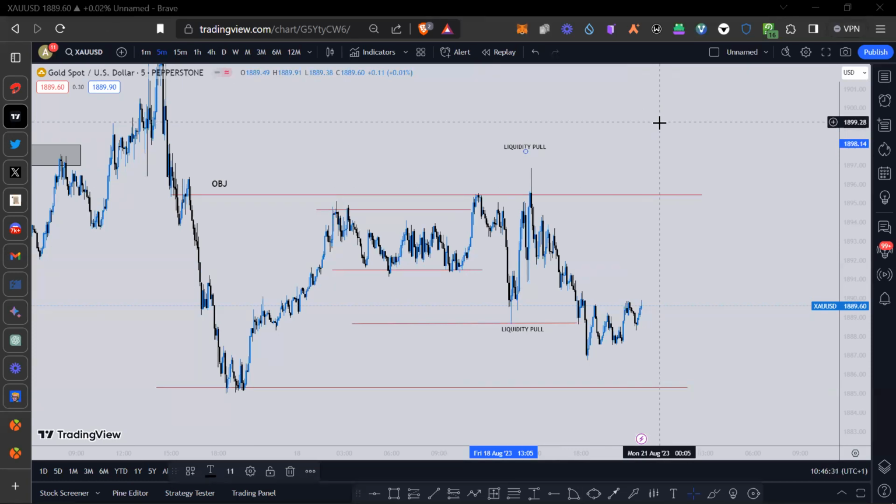The strategy used in entering a trade. If I can learn that one very fast, it will be okay for me. All right, we'll get into that.